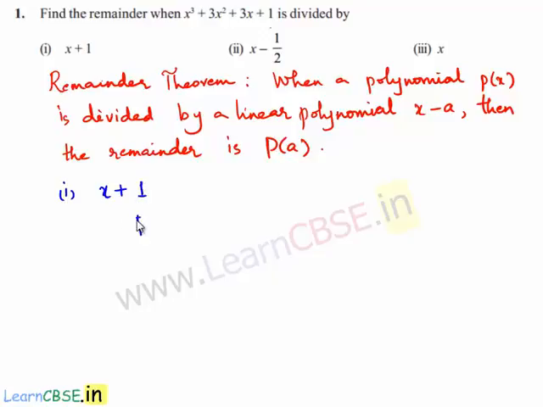So I assume p of x is equal to the given polynomial, which is x cube plus 3x square plus 3x plus 1. So by the remainder theorem, we can say that p of minus 1 is the remainder.